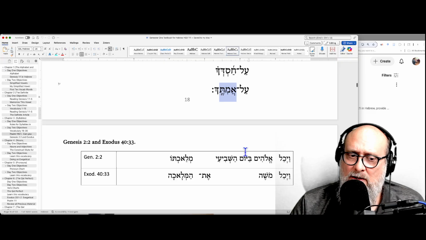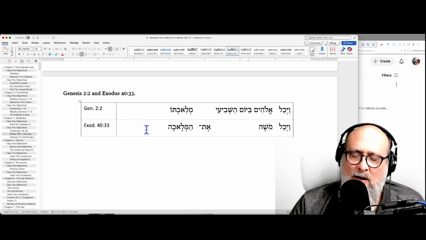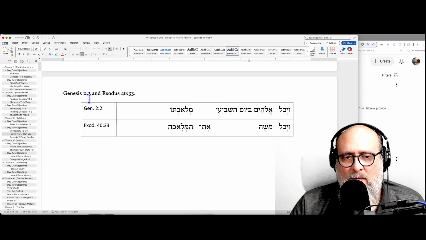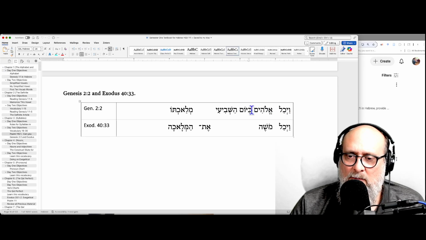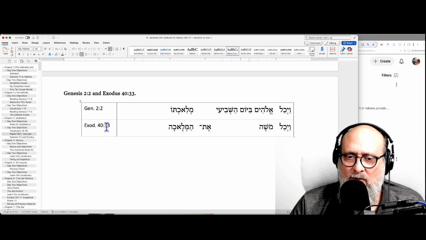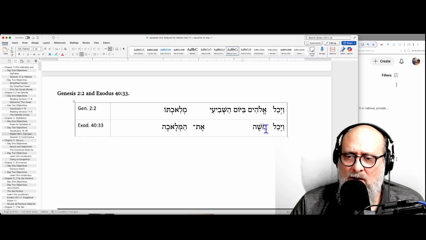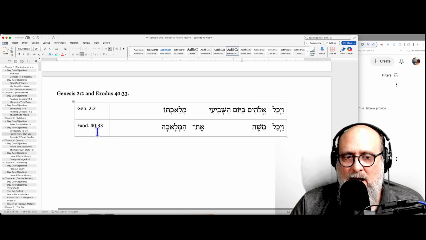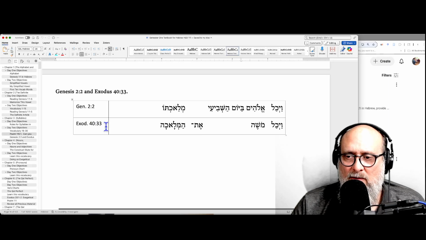text to read. Just in terms of biblical theology, this is interesting. It says Elohim created on the seventh day his work, almost an exact duplicate of the description of Moses finishing the tabernacle in Exodus 40:33.